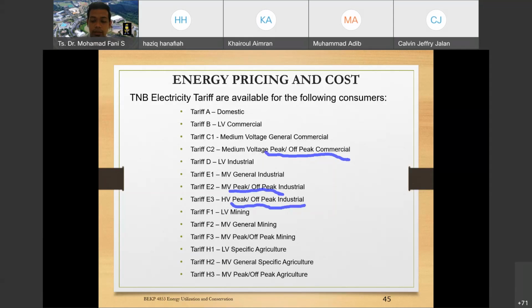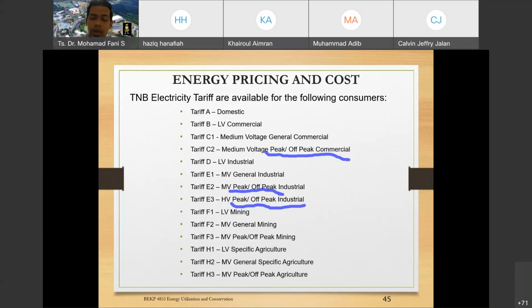Okay, at least you as the engineer or plant manager later on, if you want to put the schedule for the operation, try to make it possible to move the load, the operation, to the off-peak, because off-peak will be charged with a lower charge compared to the peak period.